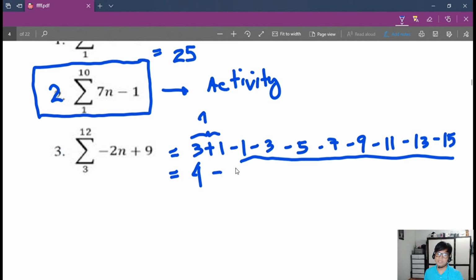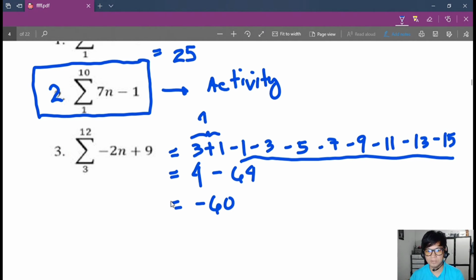So, minus 64. So, the sum is 4 minus 64 is negative 60. So, the sum of negative 2n plus 9 from 3 to 12 is negative 60.